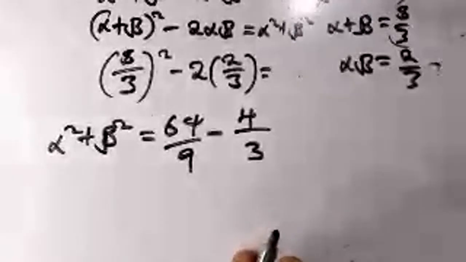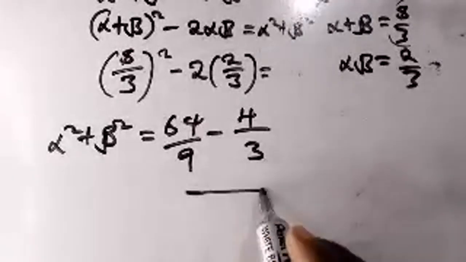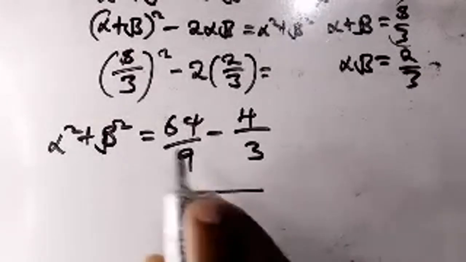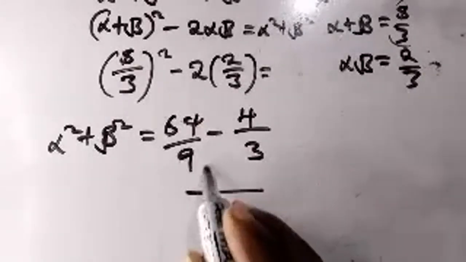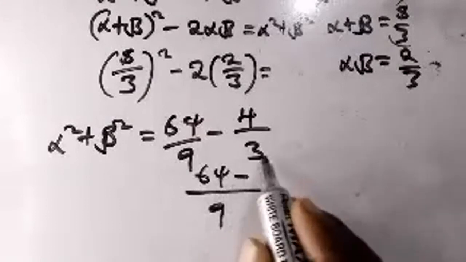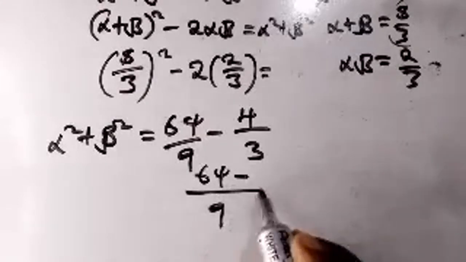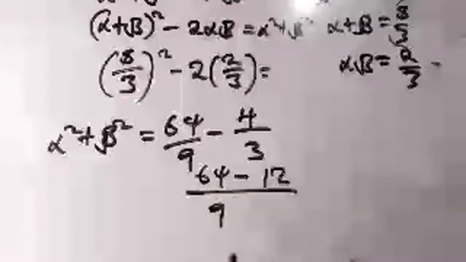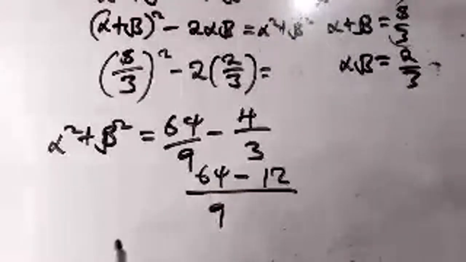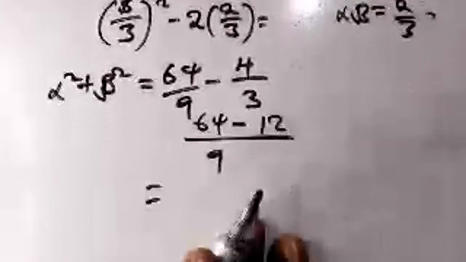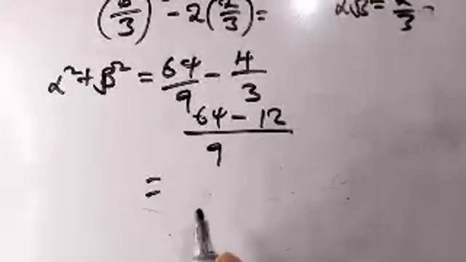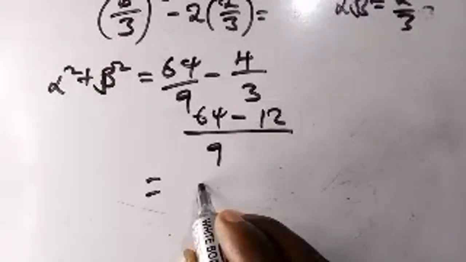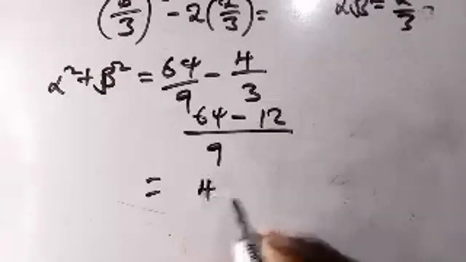Then let's look for a common denominator, which is 9 here. 9 into 9 is 1, 1 times 64 is 64, minus 3 into 9, which is 3 times 4, which is 12. Then now 64 minus 12.